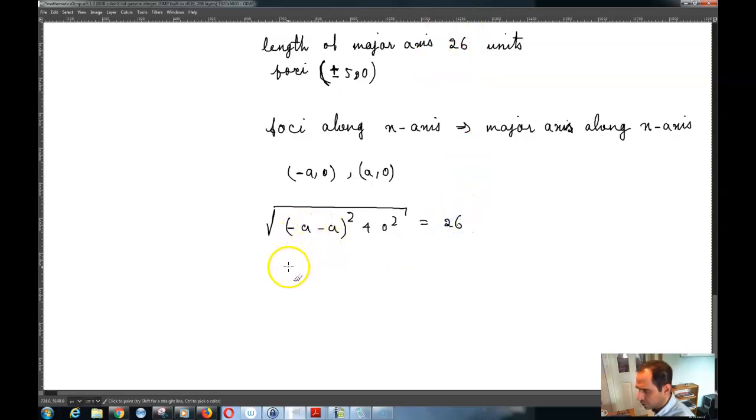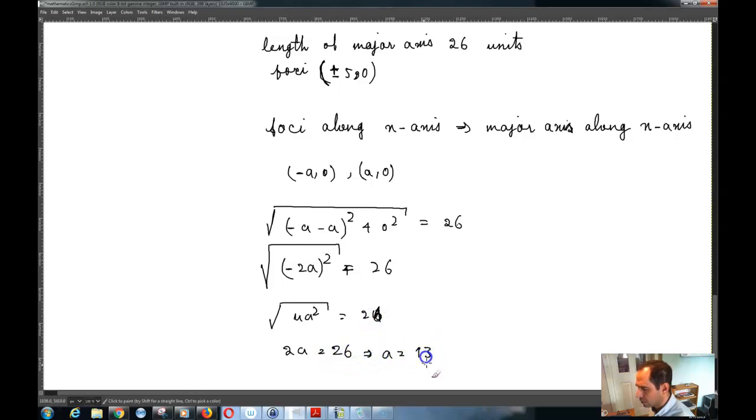So the square root of negative 2a whole squared, which is the square root of 4a squared, is equal to 26, and so 2a is equal to 26. That means that a is equal to 13. Exactly as I said, if you divide 26 by 2, you get the value of a. So a is equal to 13.